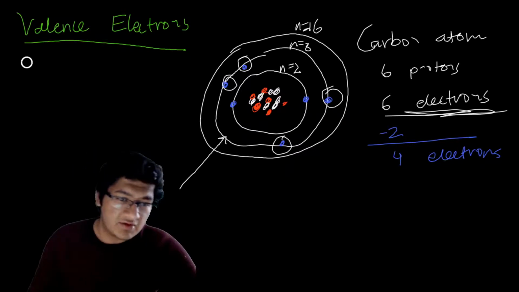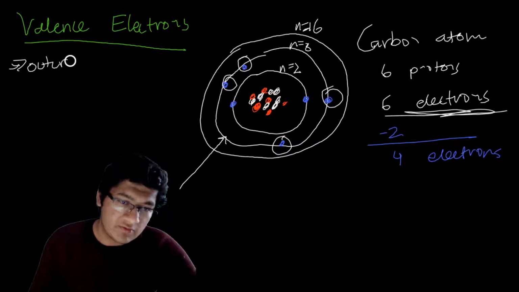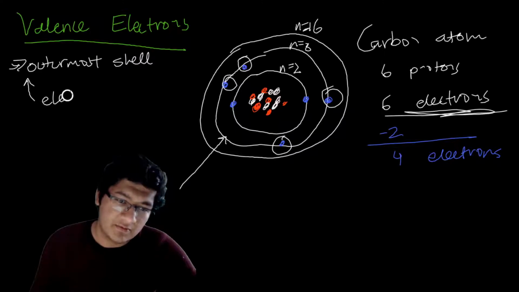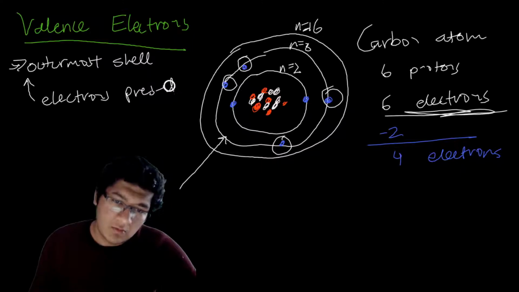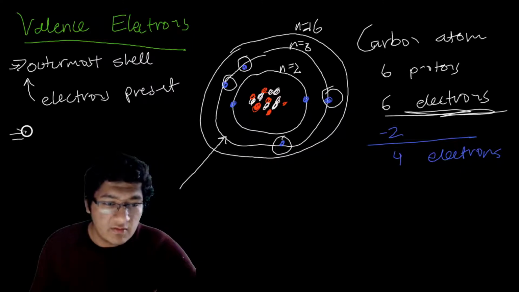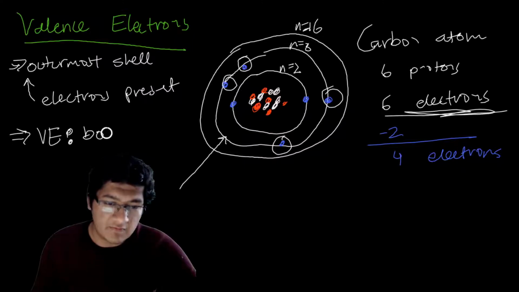So the valence electrons are the electrons present in the outermost shell. And why it's important is because valence electrons are the electrons used to bond with other atoms.